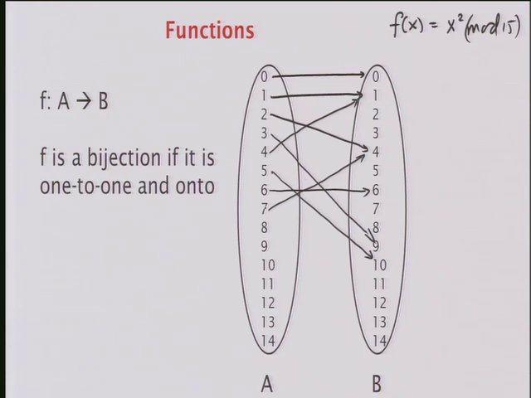In fact, if you want to know about the rest of them, we can just say everything below the line is just minus of what's above the line. So 8 is the same as minus 7, 9 is the same as minus 6.